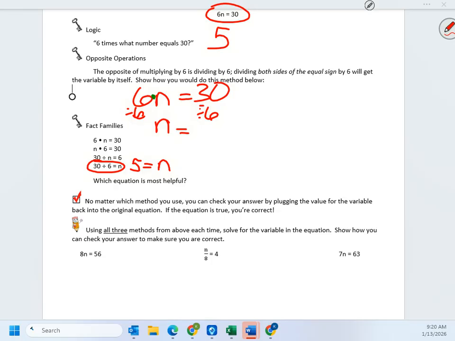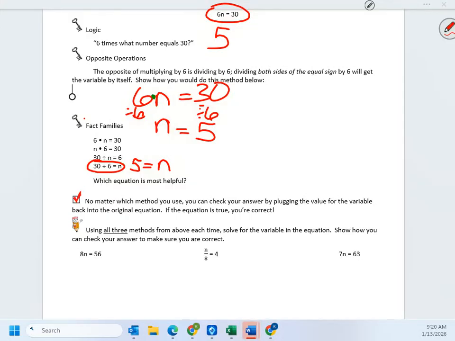So we had 6 divided by 6 gives us 1n, so just n. 30 divided by 6 gives us 5. That same 5. So no matter which method we used, our answer was 5.